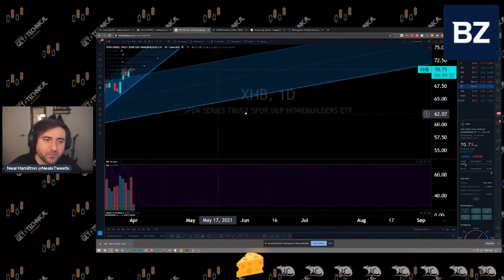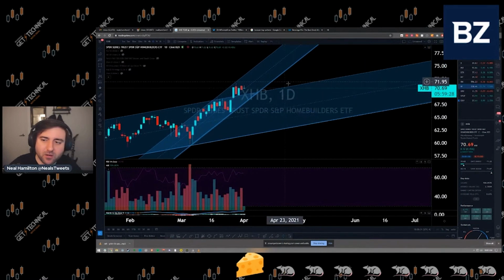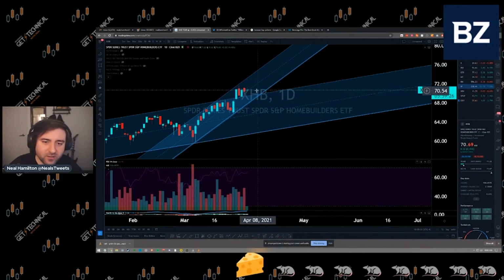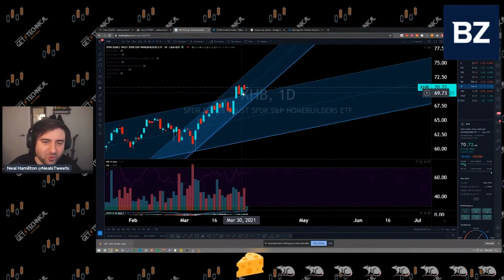So we drew a short-term trend channel here, and it's holding it. Look. Can you see the middle? It's obeying the rules of our parallel channel.